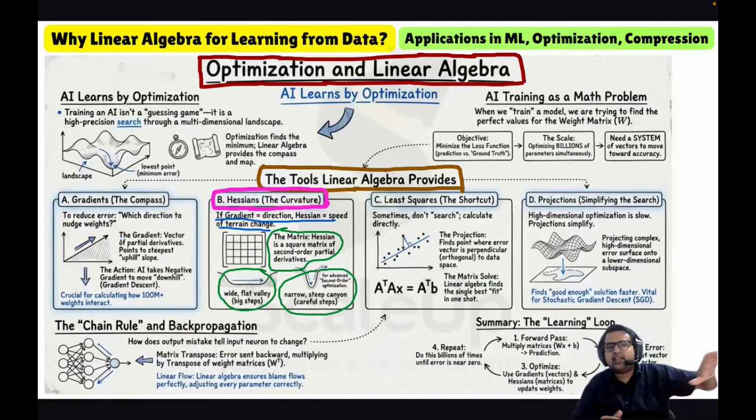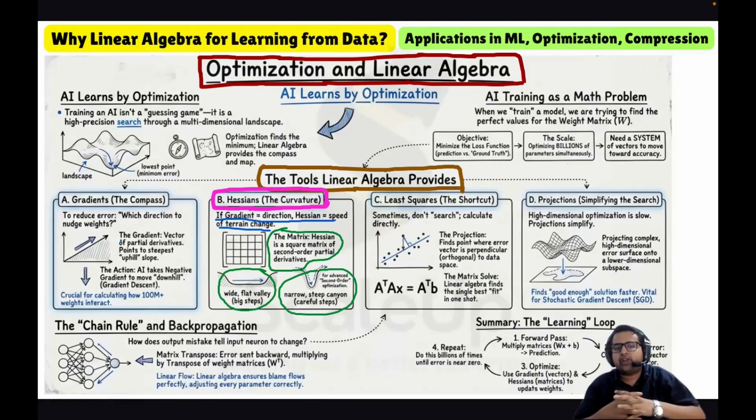The gradient is telling us the direction, and we know that we have to move in this direction. But if we take big steps, we might miss the lowest point. We might miss the minima. We can overshoot it. So the Hessian, the curvature, will give us an idea of how big the steps should be.